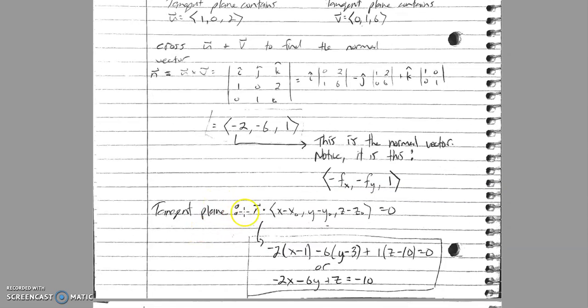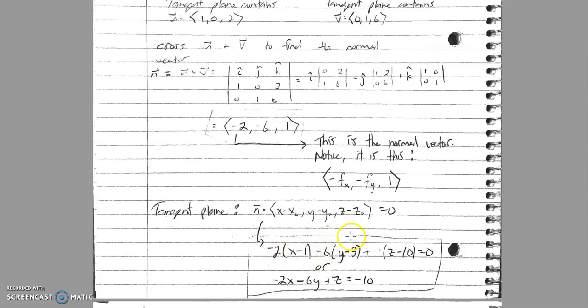And then for my tangent plane, I take advantage of the dot product. You can go back and look at your notes from ages ago, but n dotted with a vector within the plane is 0. That makes it so that n is perpendicular. Hopefully this is ringing some bells. The n is my -2, -6, 1.